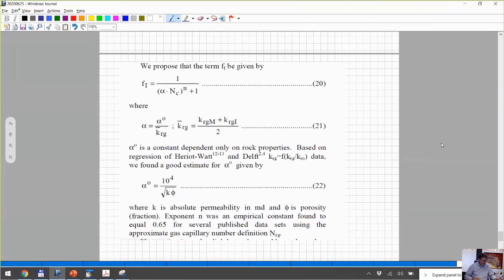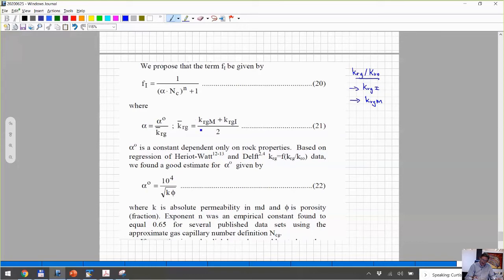Okay. So once you have KRG, KRO, that will immediately give you KRG immiscible and KRG miscible. You get those immediately.